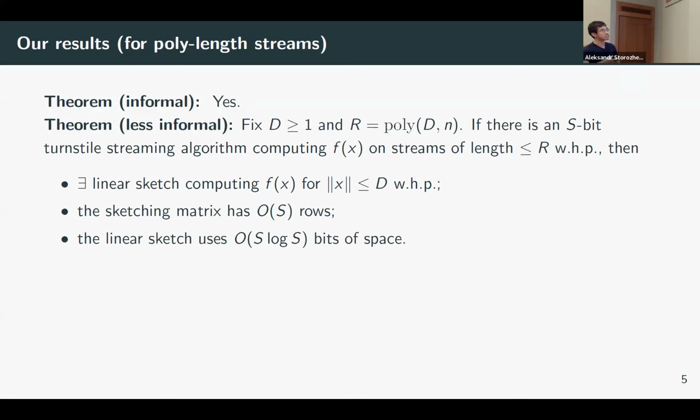Then we can turn it into a linear sketch computing the same function for every vector of norm less than the smaller polynomial, with high probability. The sketching matrix has S rows, and the linear sketch uses S log S bits of space. So there's a small gap of log S when we turn the turnstile streaming algorithm into the linear sketch.